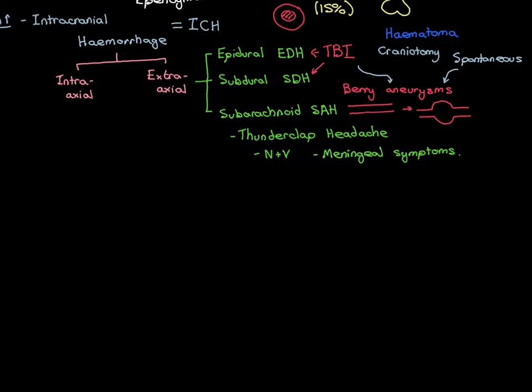Now, before we move on to discussing the treatment for subarachnoid hemorrhage, let's talk about the fact that subarachnoid hemorrhage is a form of stroke. Unlike epidural hemorrhage and subdural hemorrhage, subarachnoid hemorrhage is actually a form of stroke. The reason is that this is occurring in a blood vessel that is going to supply the brain. Remember what a stroke is: a great big portion of the brain dies or gets very close to dying because of insufficient blood supply.